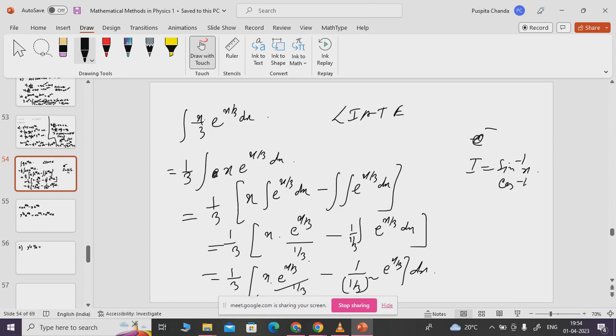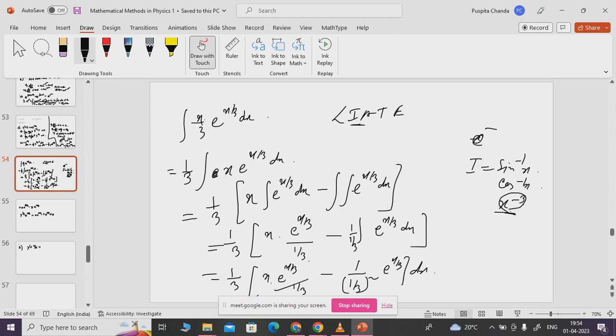Exponential is there, and its inverse is also there. The inverse of exponential is also regarded as exponential. Inverse means sine inverse x, cos inverse x. Inverse means inverse trigonometric functions, not inverse algebraic functions.